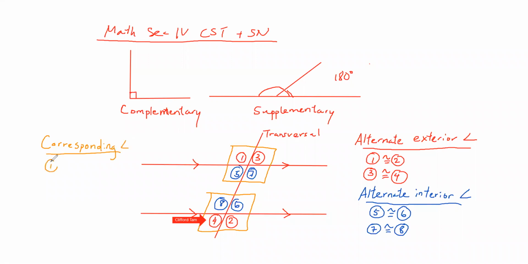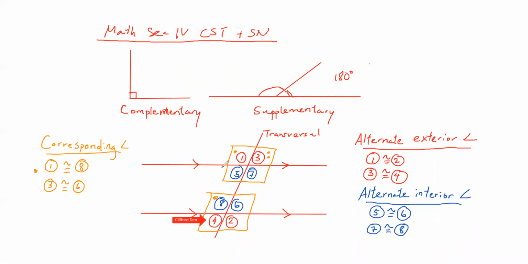If I look at angle 1, it's actually corresponding to angle 8. So this one is related to this one. And then if I look at angle 3, I know that it's congruent to angle 6 because they are corresponding to one another.